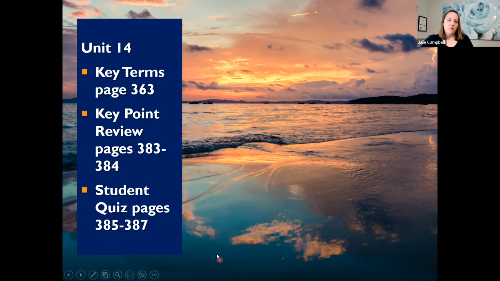There's your key point review, pages 383. Then your student quiz starting on page 385. Remember on 387, numbers 28, 29, and 30, we can't do yet. We got to wait till we get to the end of Unit 15 before we can do 28, 29, and 30 on page 387.